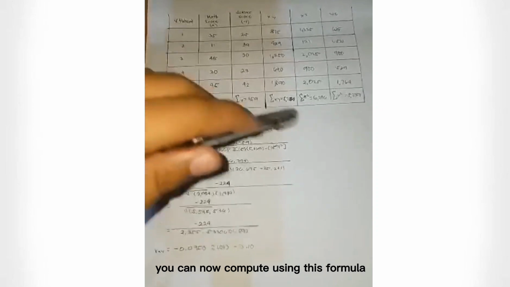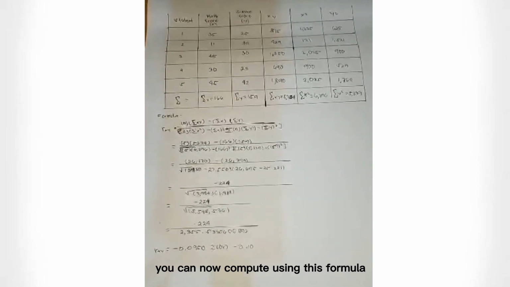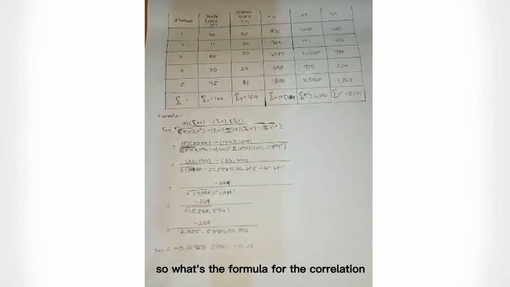After you get the sum, you can now compute using this formula. So what's the formula for the correlation coefficient?